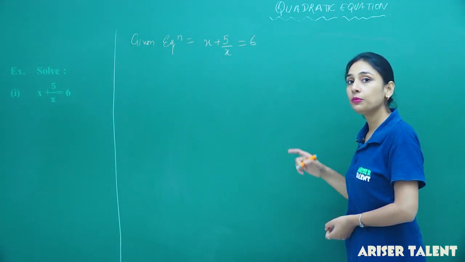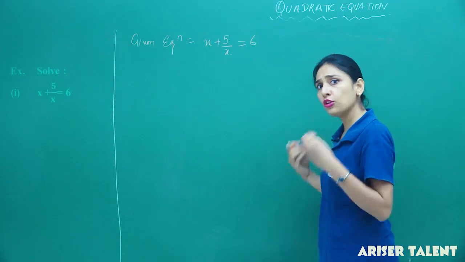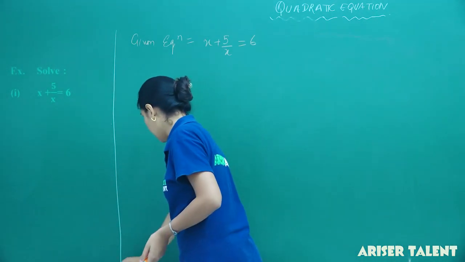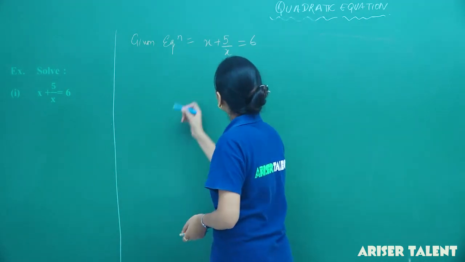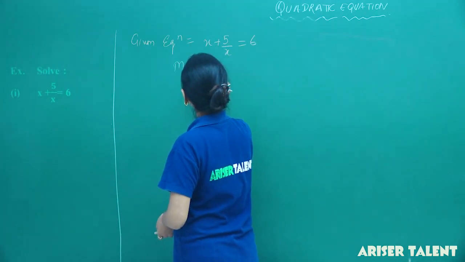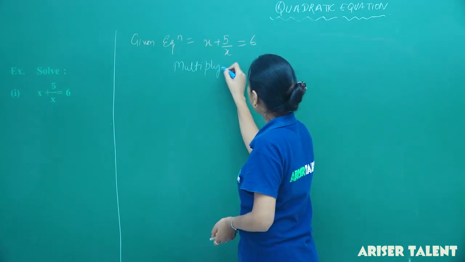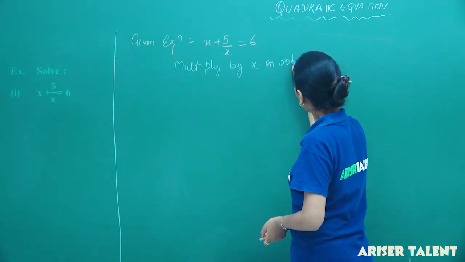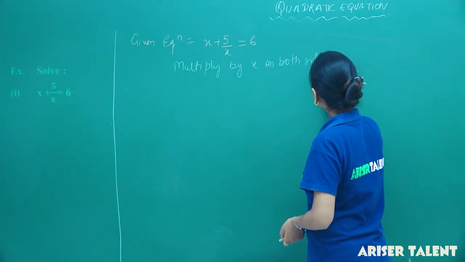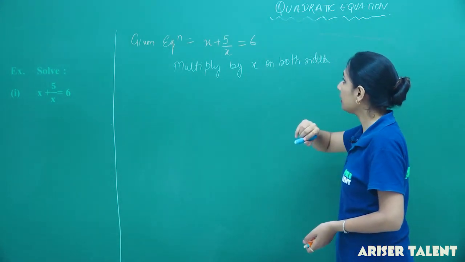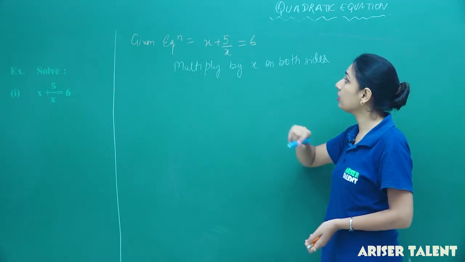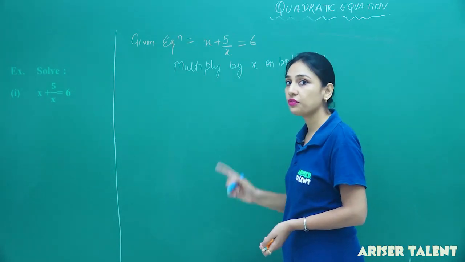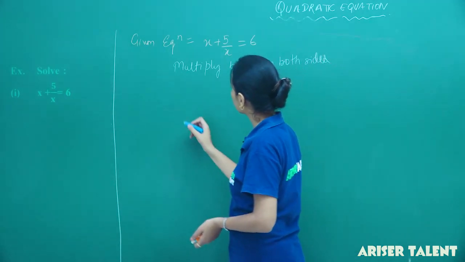Now, what is our procedure? Just follow the procedure and you will have your answer. So, I will just multiply by x on both sides. We all know, students, that multiplying, dividing, adding, subtracting on both sides of an equation does not change its value. So, the equation is the same.